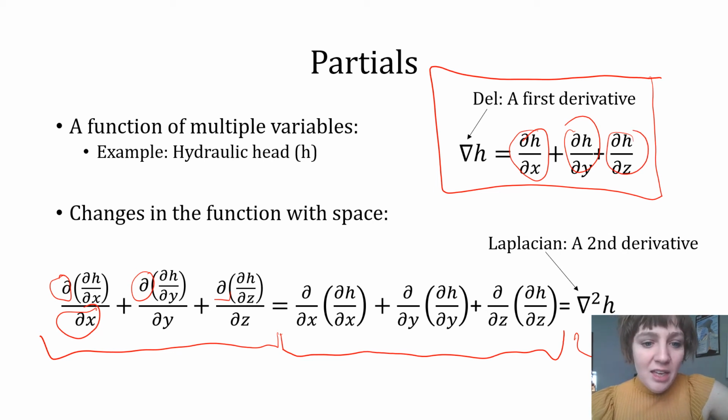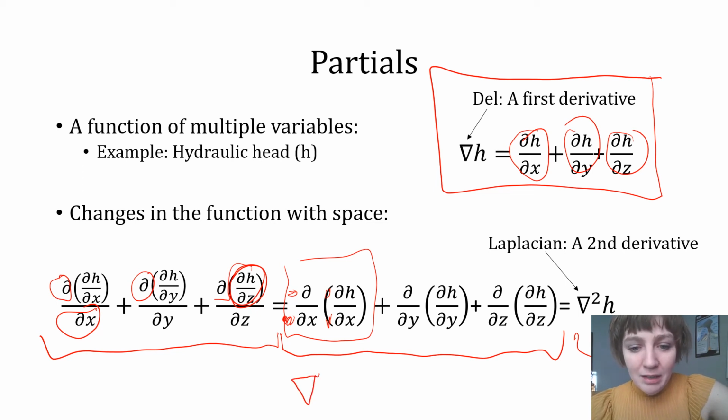Then instead of writing it with those partials all on the top, we rewrote that as partial with respect to x of the partial of h with respect to x, and all of that can just be written as del squared h instead, for simplicity and just to clean it up a little.